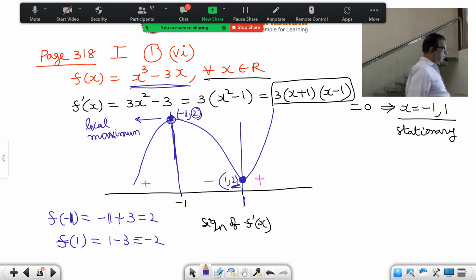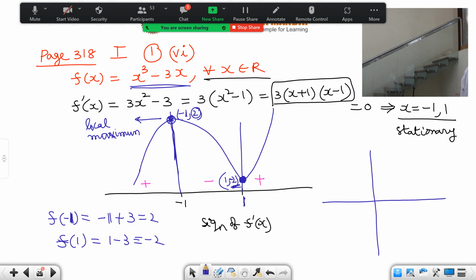The graph also will be like this. f of 1 is minus 2, sorry, this is not 2, this is minus 2, very sorry. Can I try to draw the graph now? This is an extra thing I am doing. It is not asked to draw the graph or anything, but I am doing some extra thing here. This is minus 1, this is plus 1.